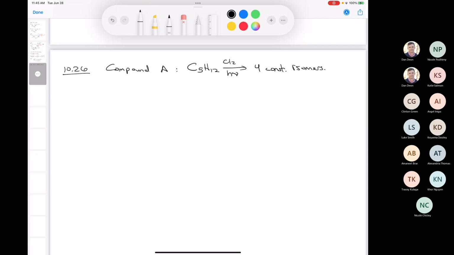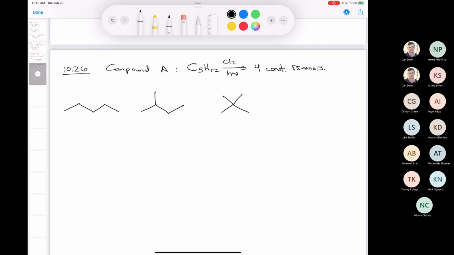Well, what are the possibilities for C5H12? One of them would be 1, 2, 3, 4, 5. That would be pentane. Another one would be 1, 2, 3, 4, would be 2-methyl-butane. Another one would be this, if we had 2,2-dimethyl-propane. Those are the only isomers that we can come up with for C5H12.